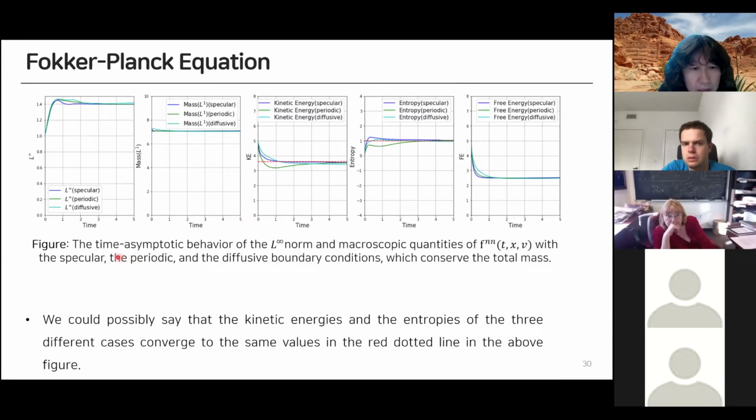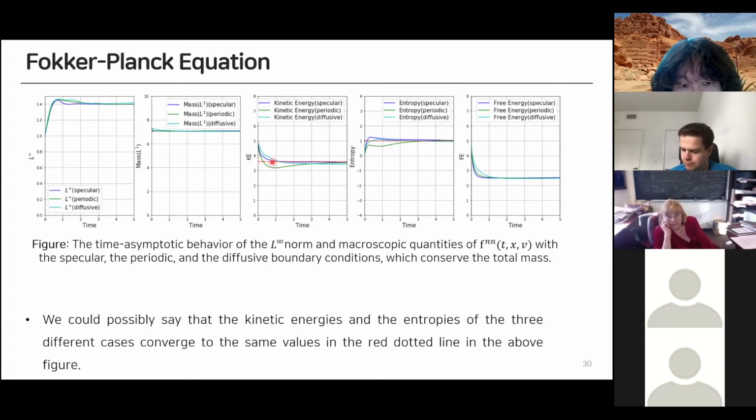This is the time asymptotic behavior: first the L infinity norm, and then the macroscopic quantities like mass, kinetic energy, entropy, and free energy. So we have this numerical result like this. But as you notice here, the boundary conditions are the three different conditions, as I said before.